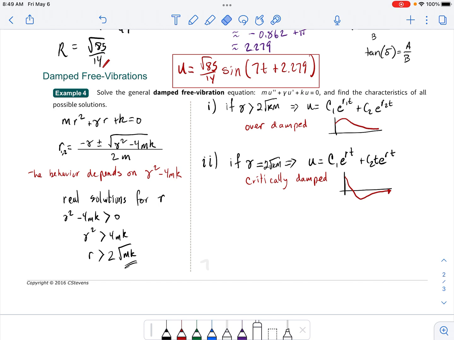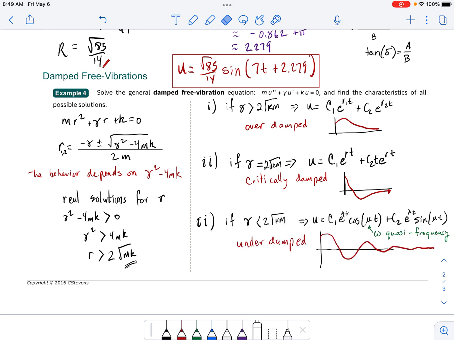Lastly, if gamma is less than 2 root mk, we'll get complex roots, and the general solution will be a combination of the exponential e to the lambda t, where lambda is the real part of our root, times cosine mu t.